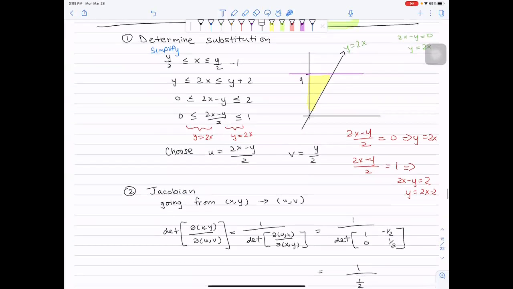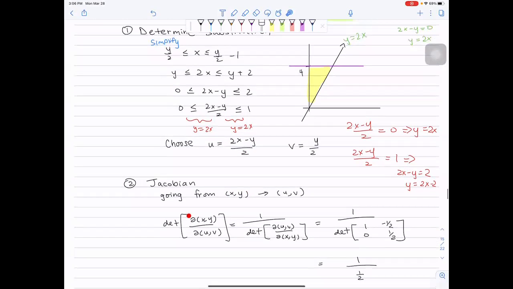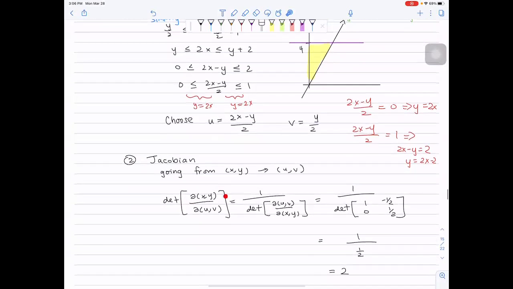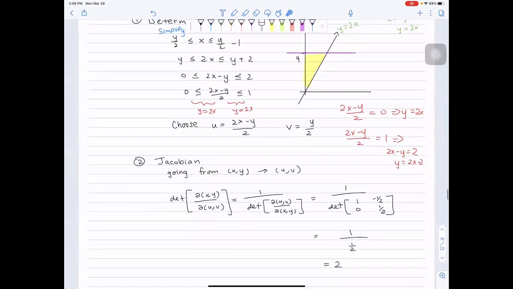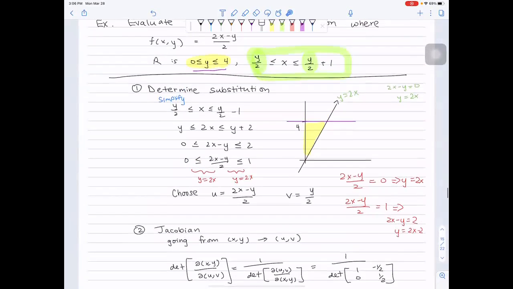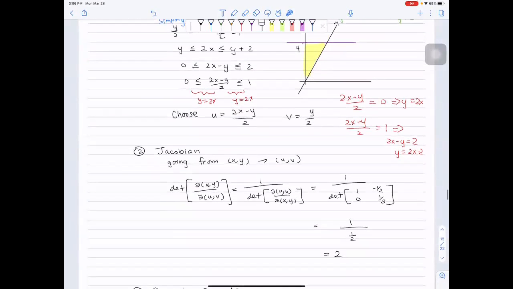Now here's where you might need to compute the Jacobian. If we compute the Jacobian going from xy to our uv, and find the determinant, we get 2. So what does this formula tell us about how we could rewrite our integral in terms of u's and v's?